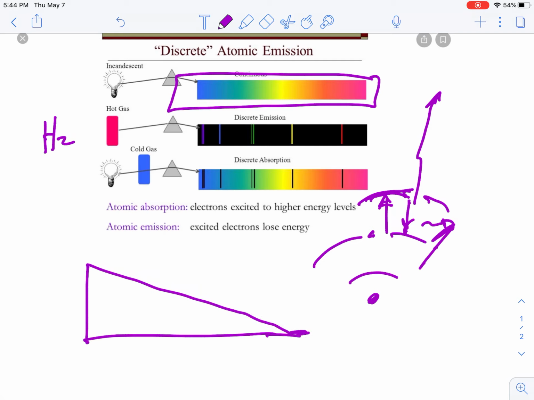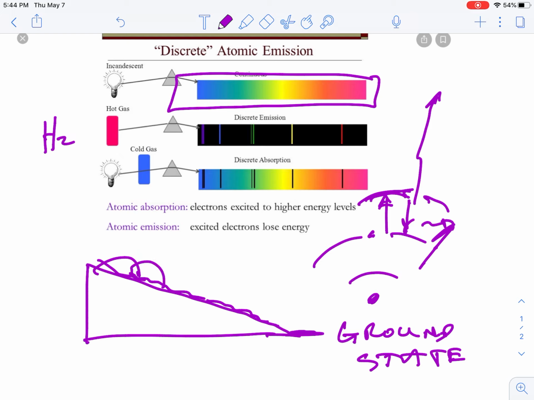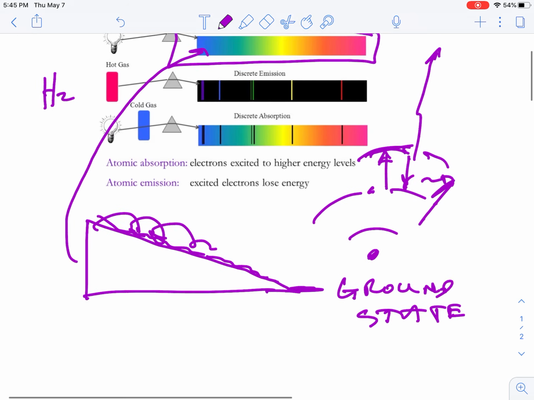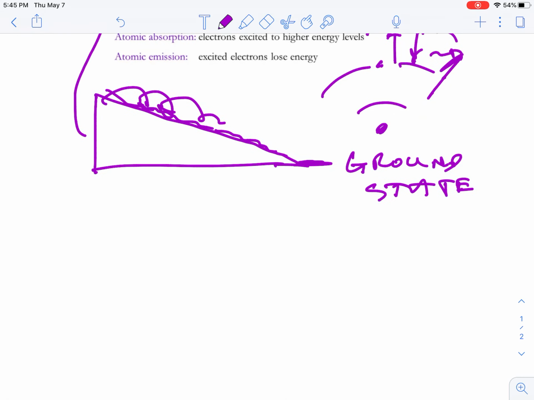So here's your nucleus, here's your ground state. If the electron could exist at any point at any energy level, then it could make a continuous set of jumps and you'd get a continuous spectrum.